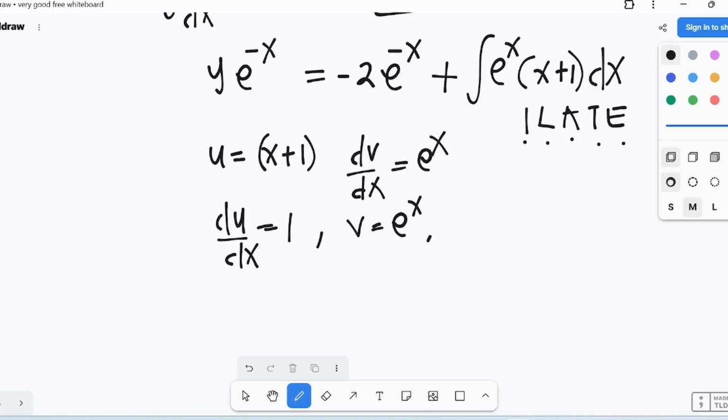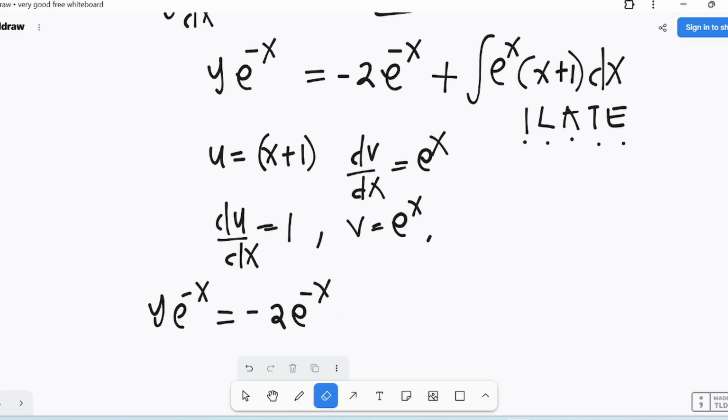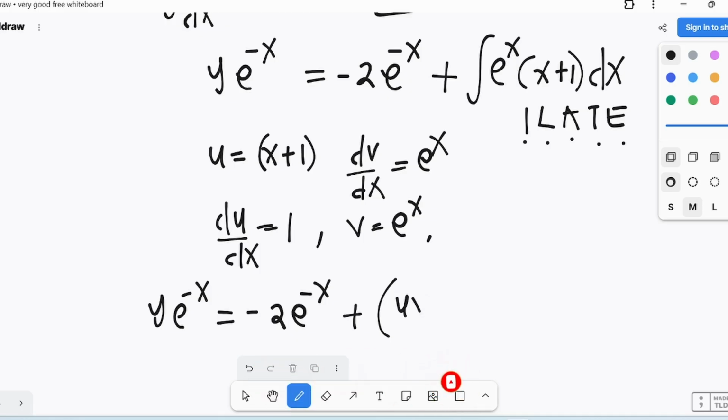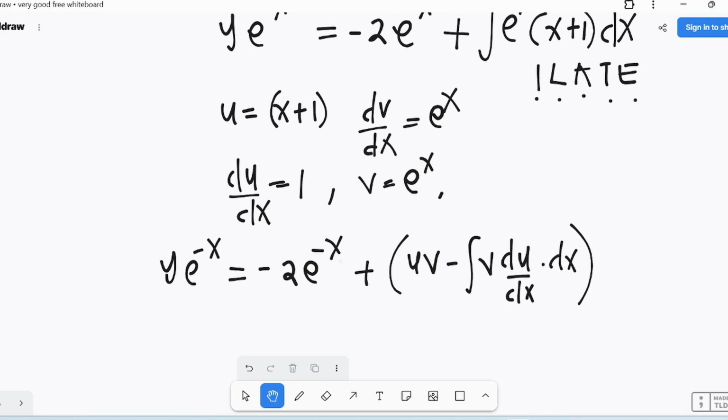So substituting into our by parts formula, others remain constant. We shall have y e^(-x) equal to negative 2e^(-x) plus, we substitute into our by parts formula, which says uv minus the integral of v du/dx dx. So put them there.